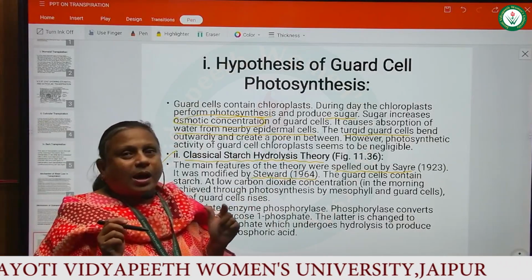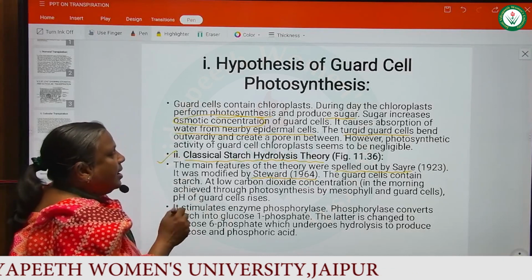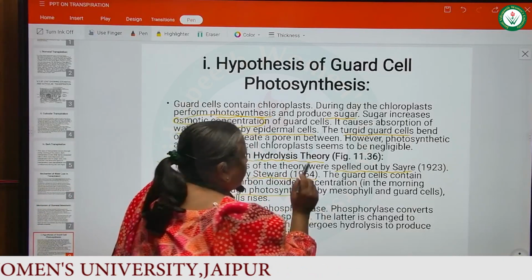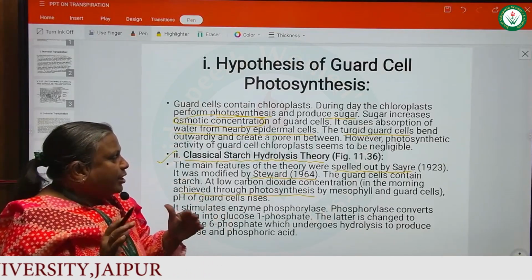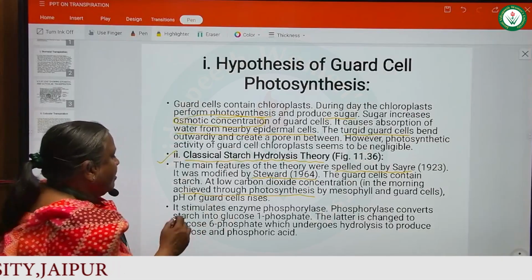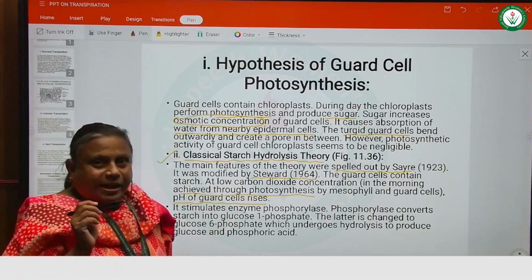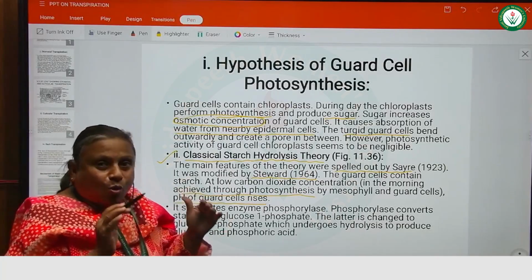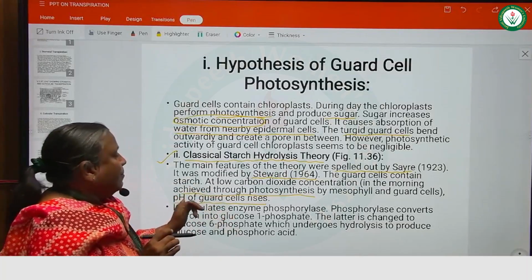At low carbon dioxide concentration in the morning, achieved through photosynthesis by mesophyll and guard cells, the pH of the guard cells rises.